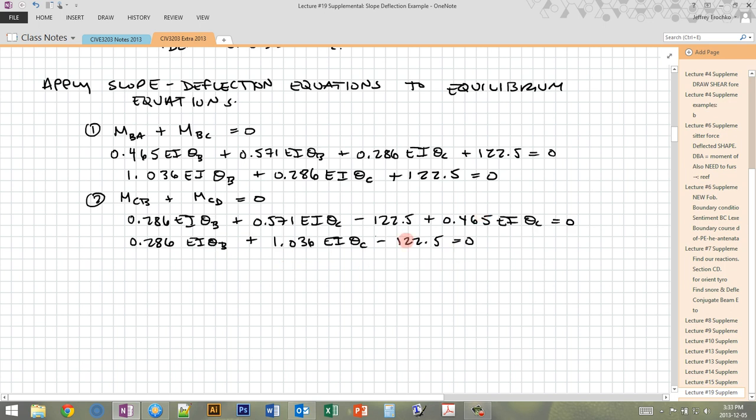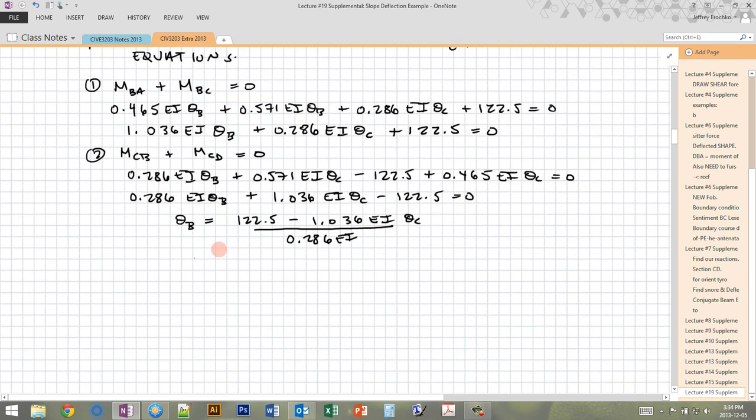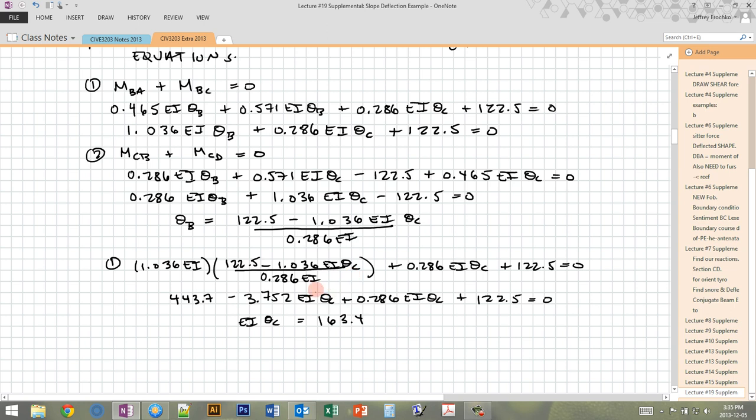So now I have two equations and two unknowns, theta B and theta C. Now I can solve these two simultaneously. First I'm going to rearrange this second equation in terms of theta B. And then I'm going to take that result, sub it back into 1, and then I will be able to solve for theta C. I'm just going to solve for EI theta C, so I'm going to leave EI as unknown, and I get 163.4, because I can easily sub in now EI theta C into my slope deflection equations.